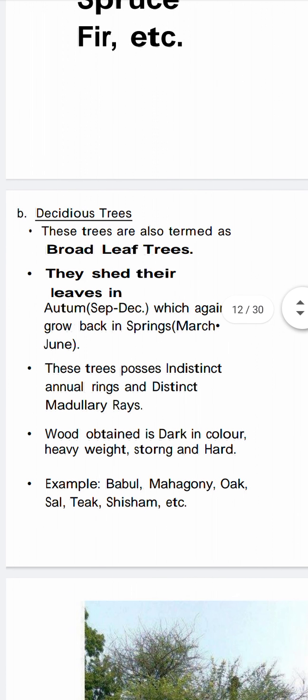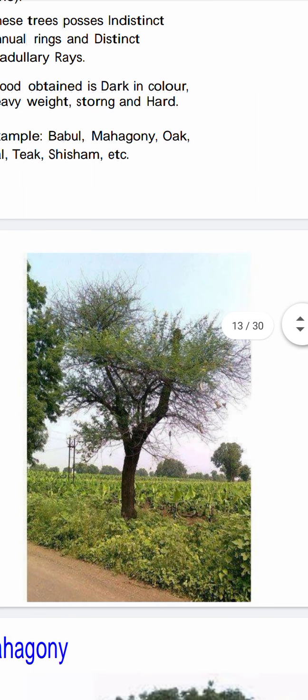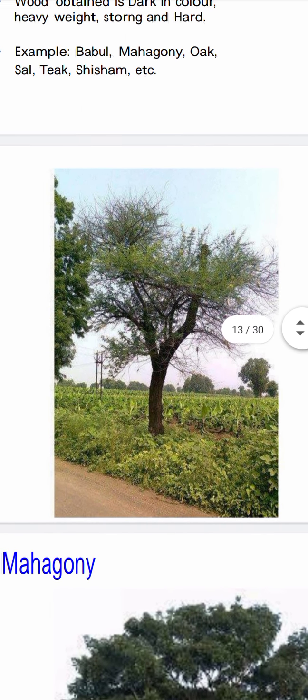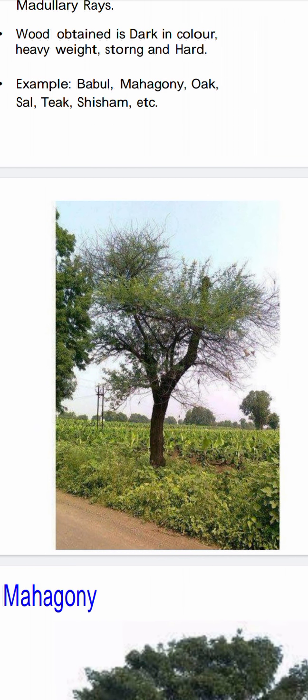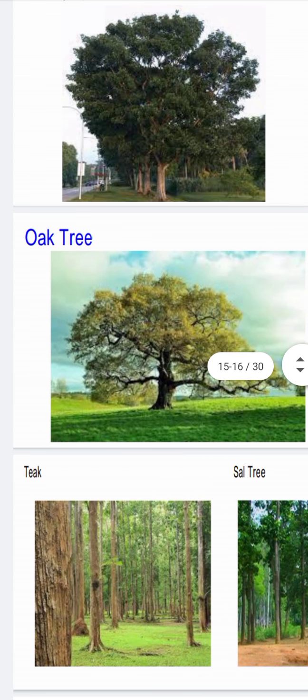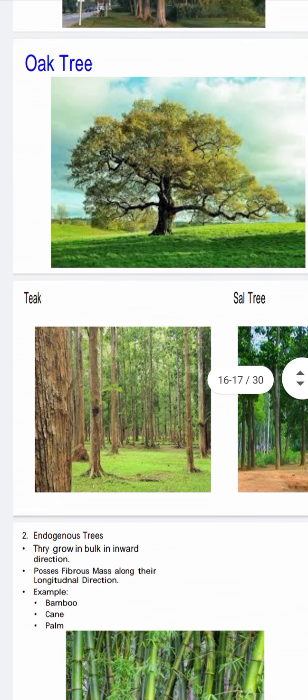Examples: babul, mahogany, oak, sal, etc. This is babul, mahogany tree, oak tree, teak, sal tree.